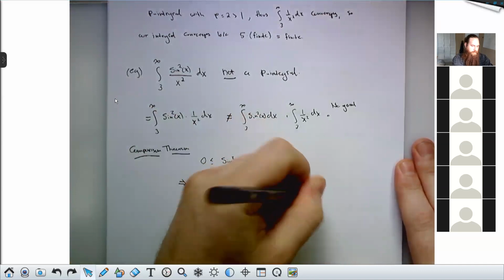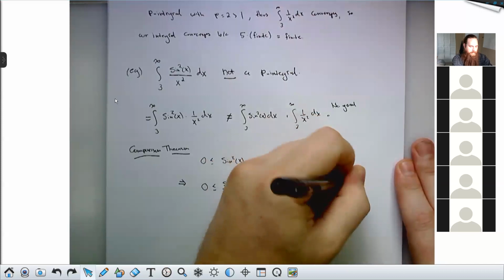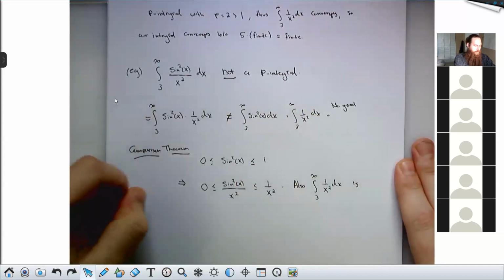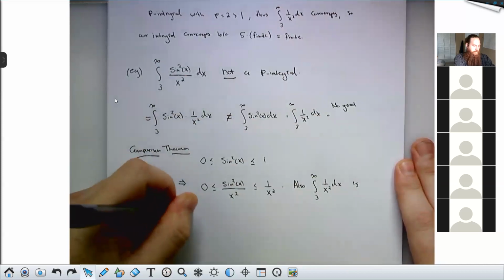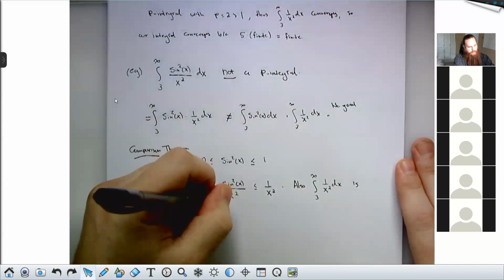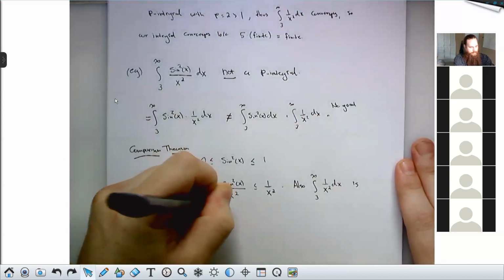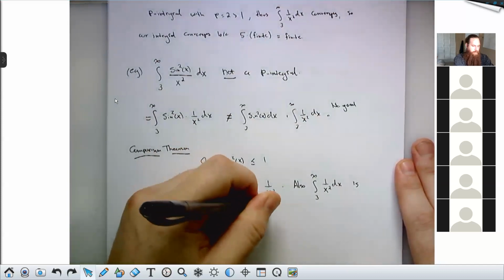Also, the integral from 3 to infinity of 1 over x squared dx is a convergent p integral. Here, p is equal to 2, which is bigger than 1.